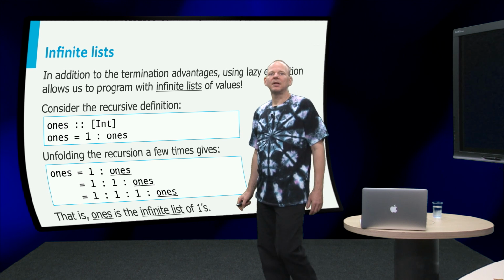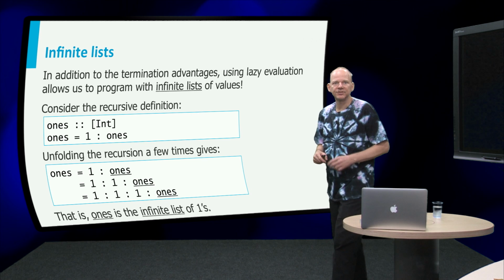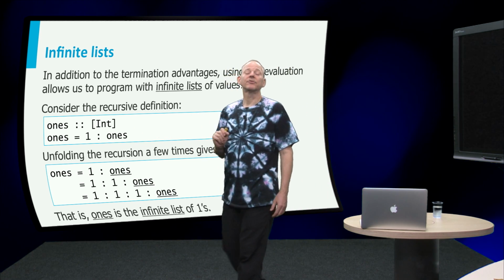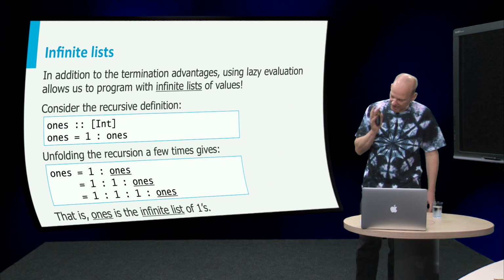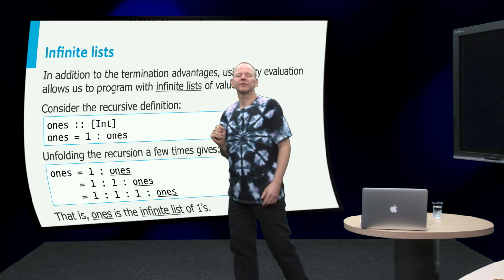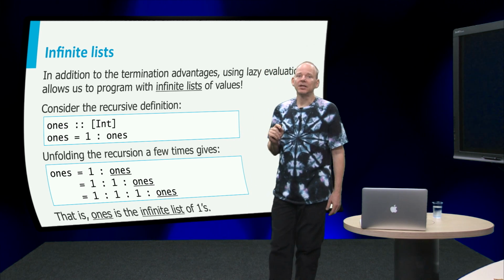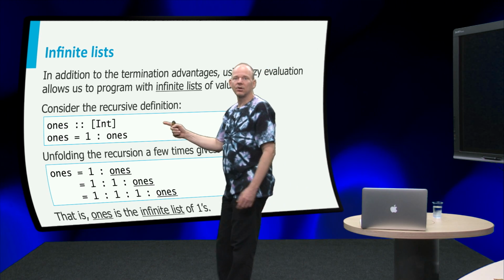Here's another example that shows the advantages of lazy evaluation by defining a recursive value of list. The list is, of course, a recursive type, but we're looking here at a recursive value. So we define the infinite list of ones as ones cons ones.